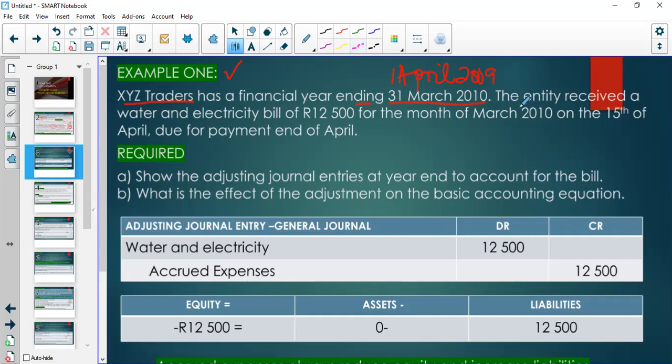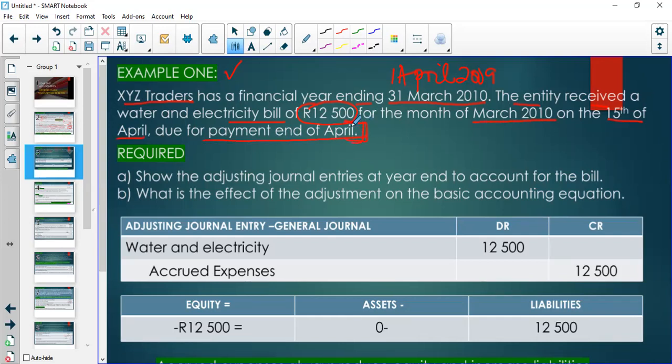What happened is that this entity received a bill from the municipality, and this bill is 12,500. This is for the month of March 2010, but they received it on the 15th of April, and they have to pay it at the end of April.